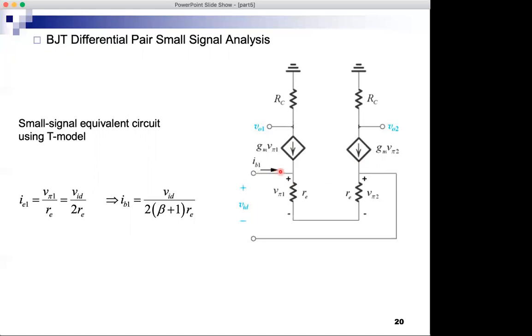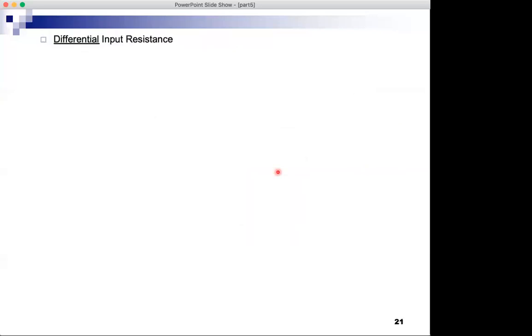In this case, I will have an input current. Unlike the MOSFET case, I will have an input current and an input resistance. And we can relate this current to the base current using IE equals beta plus 1 IB. So IE1, this current here, is V pi 1 over re, and V pi 1 is 1/2 the VID when the two inputs are differential. So this gives me the value of IB1.